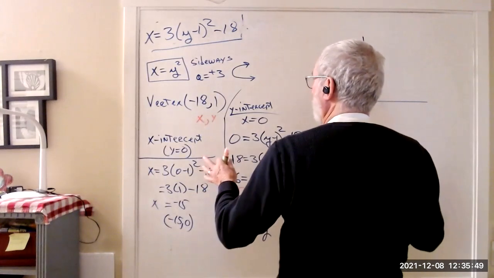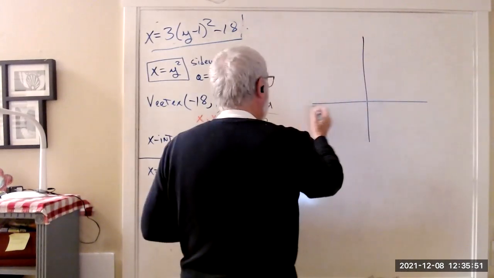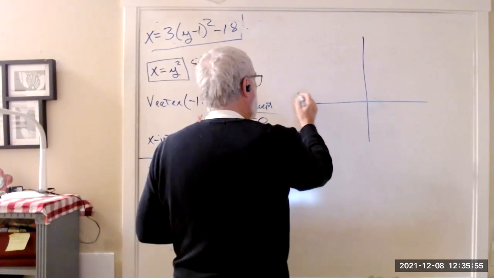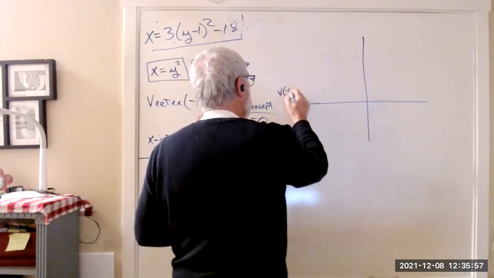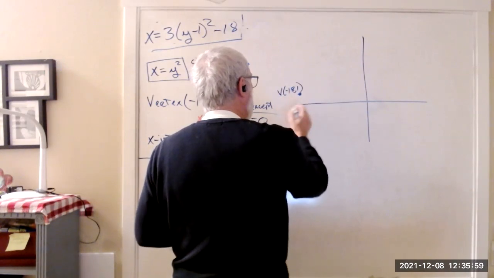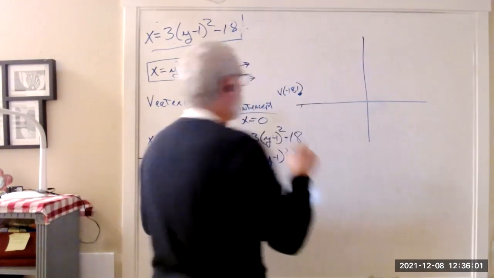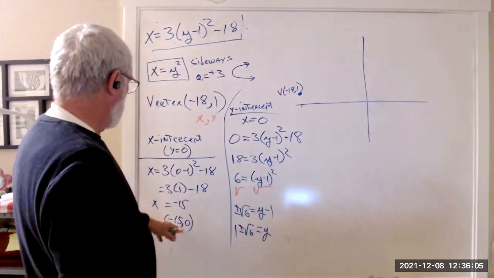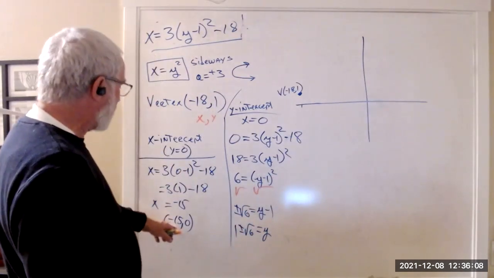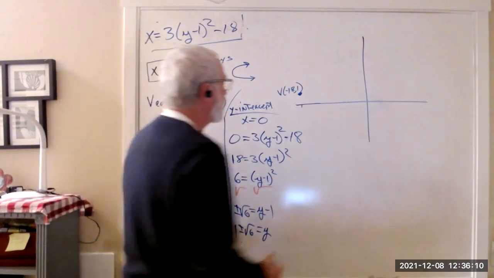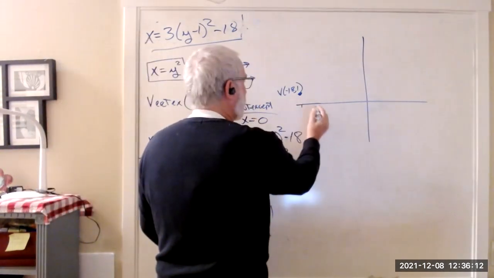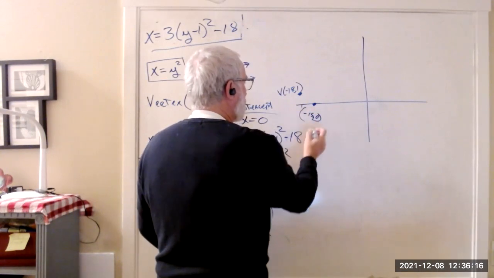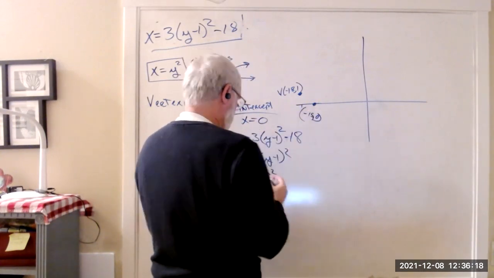My vertex is negative 18, comma 1. Whoa, vertex, negative 18, comma 1. And I know it's going that way. The X-intercept is negative 15, so if that's negative 18, here's negative 15, comma 0. That's an X-intercept.